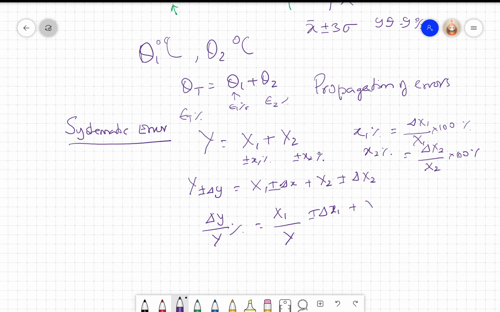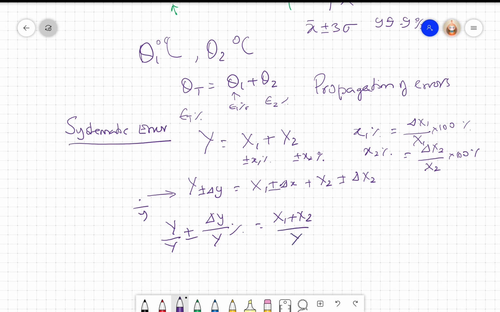Okay, let me put this in a different manner. I'll delete this. So I take this x1 and x2. The whole thing, I divide by y. So this is y divided by y plus or minus delta y by y, equal to x1 plus x2 divided by y.